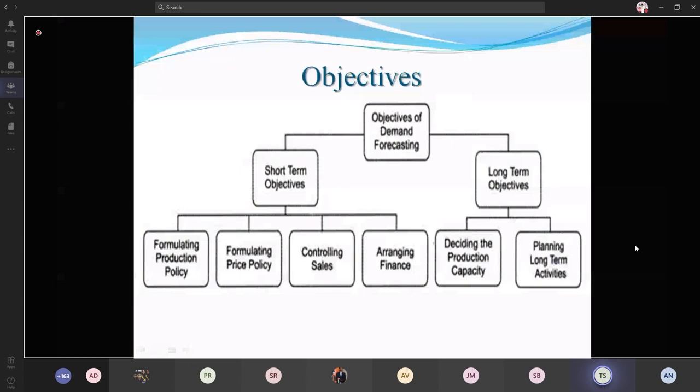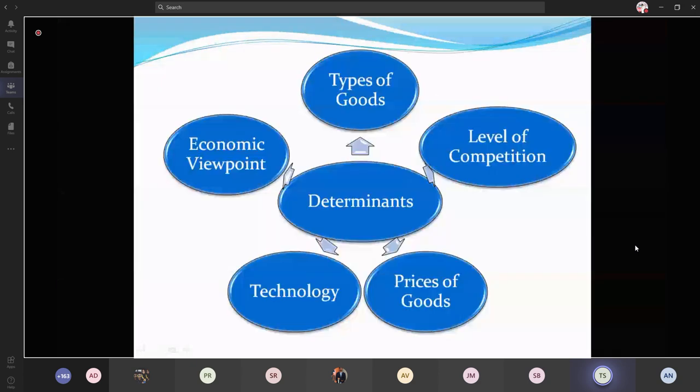Yes, ma'am. Okay. So the next one is the determinants. What are the factors which affect the demand forecasting? So we can start from the type of goods. The type of goods affects the demand forecasting to a large extent, because we have different types of goods, which we discussed under the types of demand.